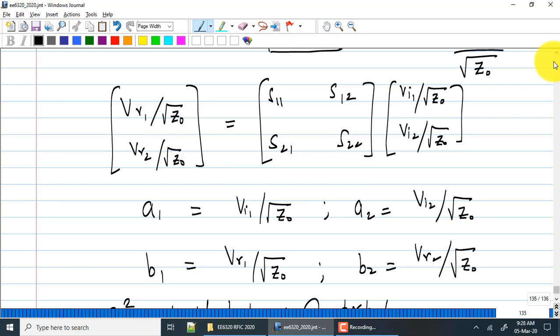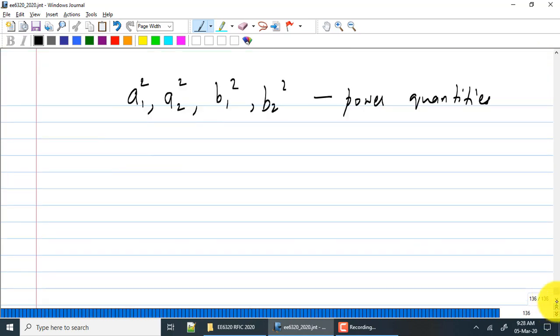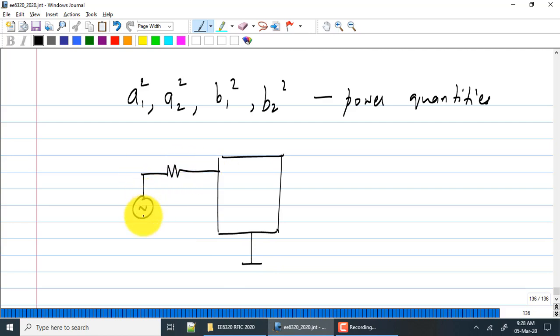So normally, let's say you have an unknown two-port and I want to measure its S parameters. How will you do it? So now I'm going to assume it's a 3-terminal two-port. That's easy. So what I'm going to do is I'm going to drive it with Z0. I'll just call this Z0 directly.